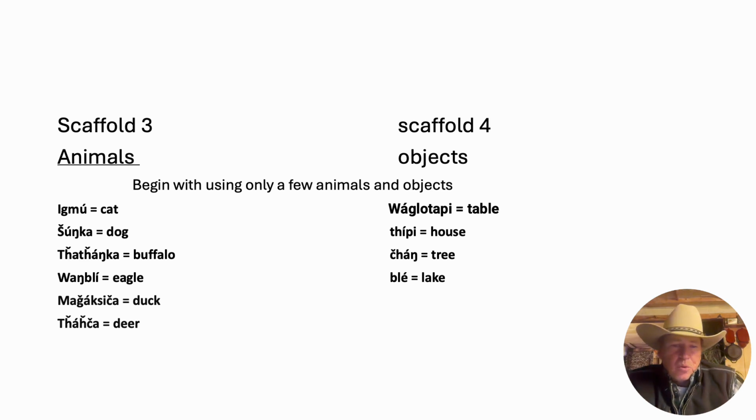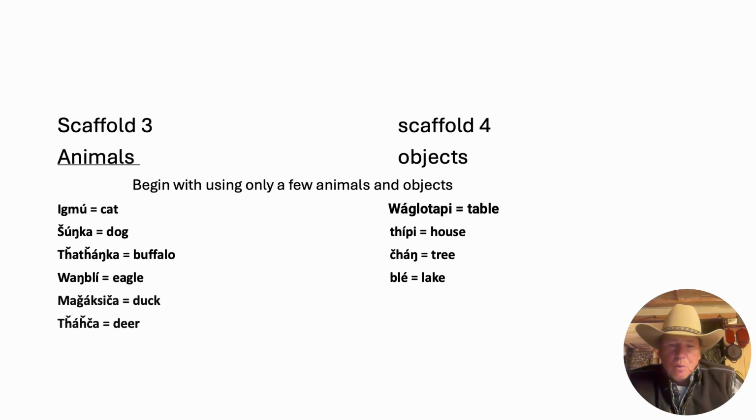And the more animals that your students learn or your children learn, then you can incorporate those into it. And then we're going to need some objects where these animals are going to be sitting, laying, standing, etc. And so we're going to have some locations or some places, some nouns that they're going to have to know.